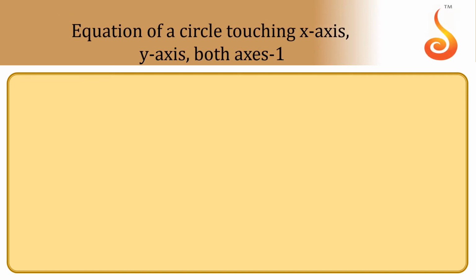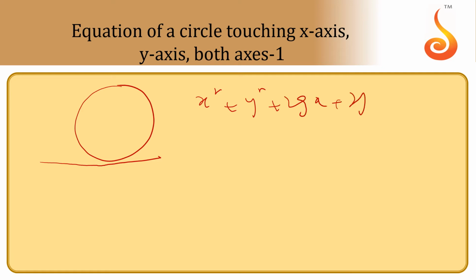Now let us discuss the equation of a circle touching the x-axis, the y-axis or both axes. Suppose a circle S equal to 0, that is x square plus y square plus 2gx plus 2fy plus c equal to 0, touches the x-axis. So you know that g square will be equal to c, then g will be equal to plus or minus root c.